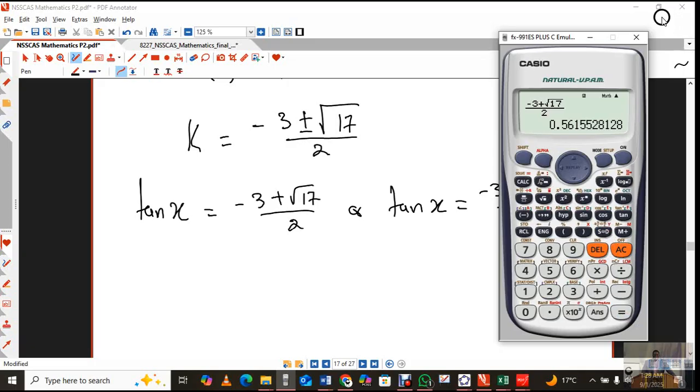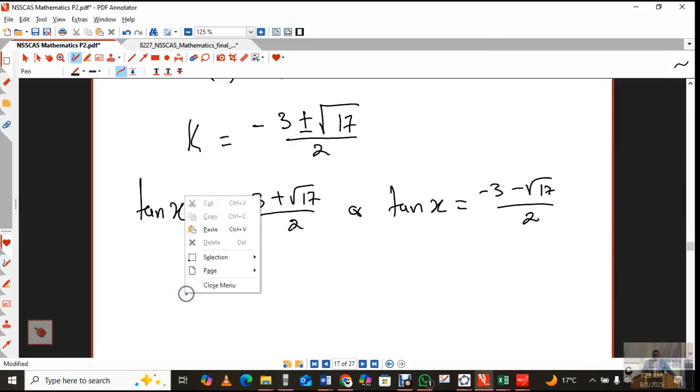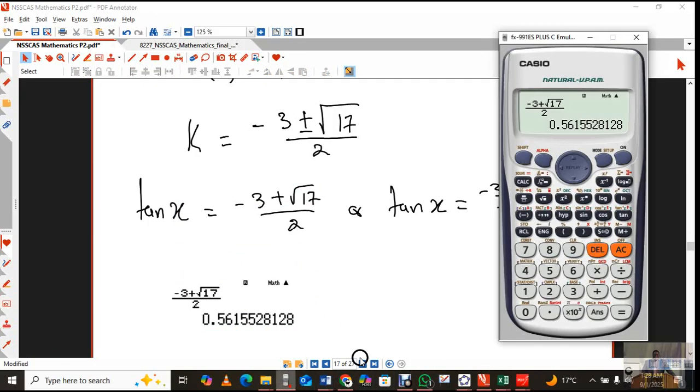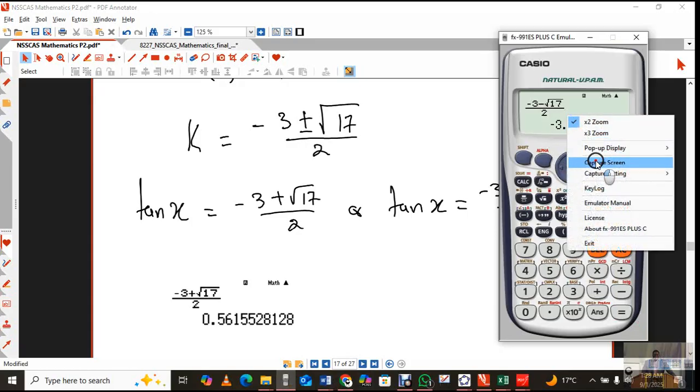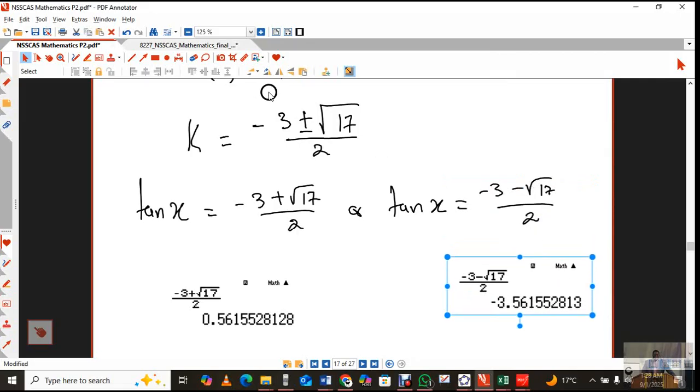That gives me, oh, let me just capture that. And let's go back to the calculator. Let's put a minus there, the place where we had the plus, and let's just capture that as well. Let's save.